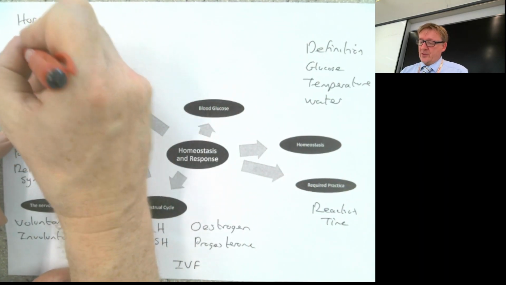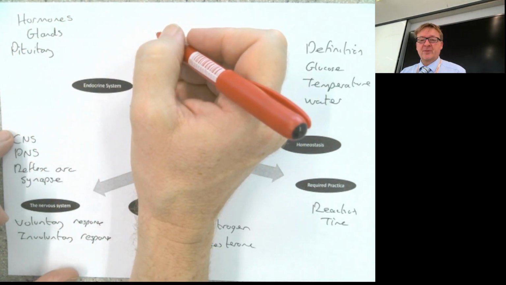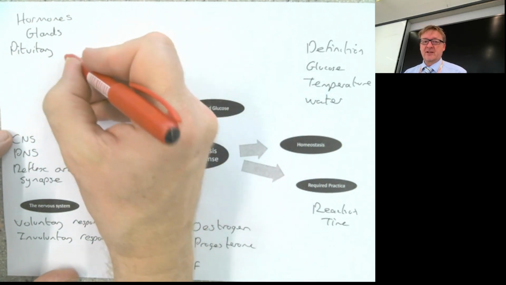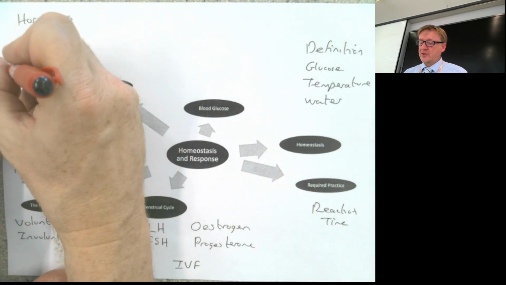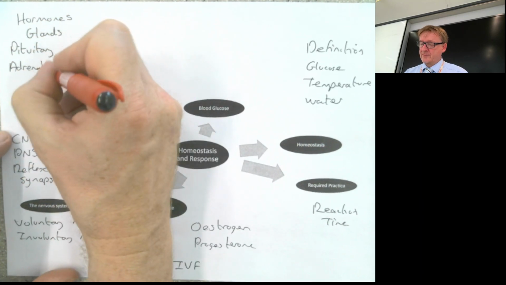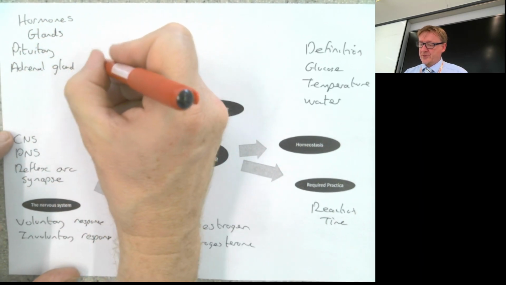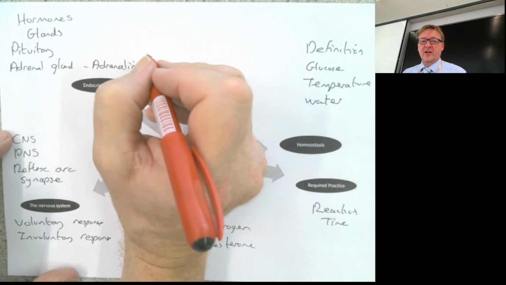You need to know a few glands, but the big one is the pituitary gland, which is like the master gland. And that feeds a lot into the menstrual cycle. 2 others, you've got the adrenal gland, which produces adrenaline, which is the fight or flight.